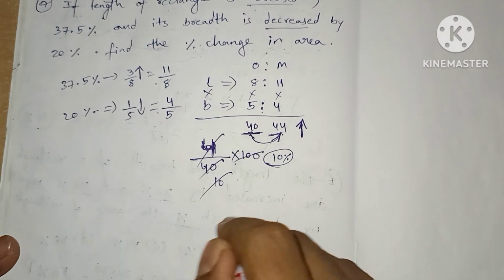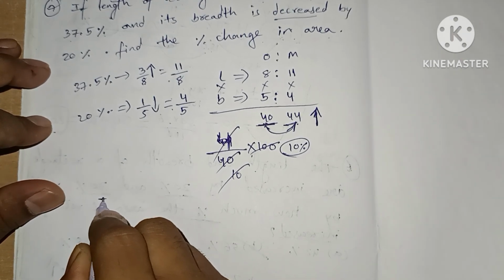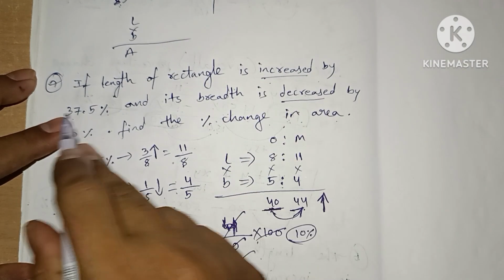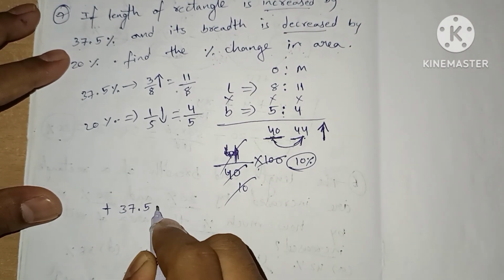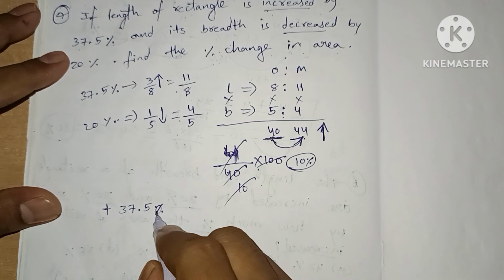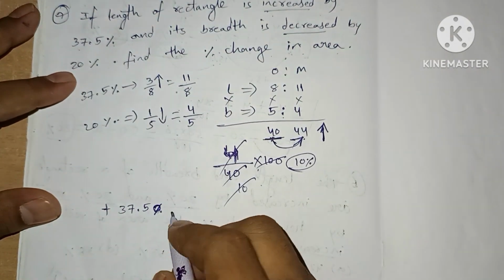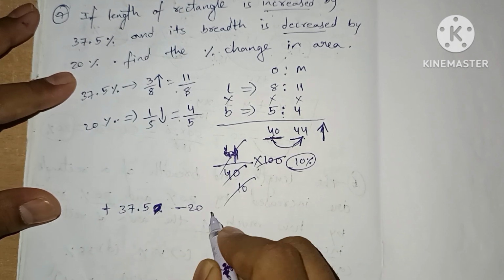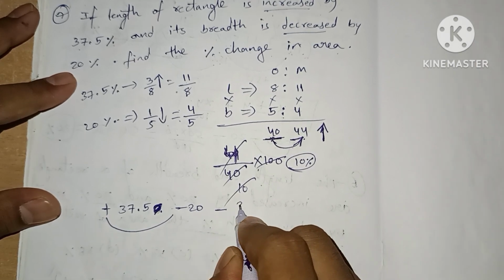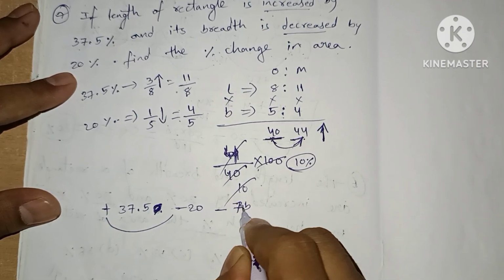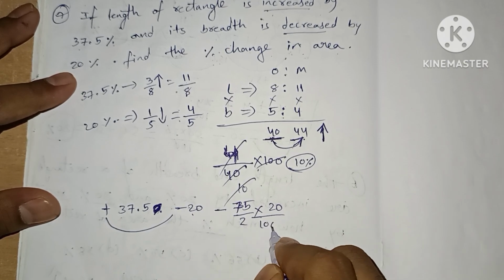So this is one way of solving, and another way of solving is the formula method. First one is increased by 37.5%, meaning plus 37.5%, and breadth is decreased by 20%, minus 20. Plus into minus will be minus. 37.5 means 75 by 2, into 20 divided by 100.